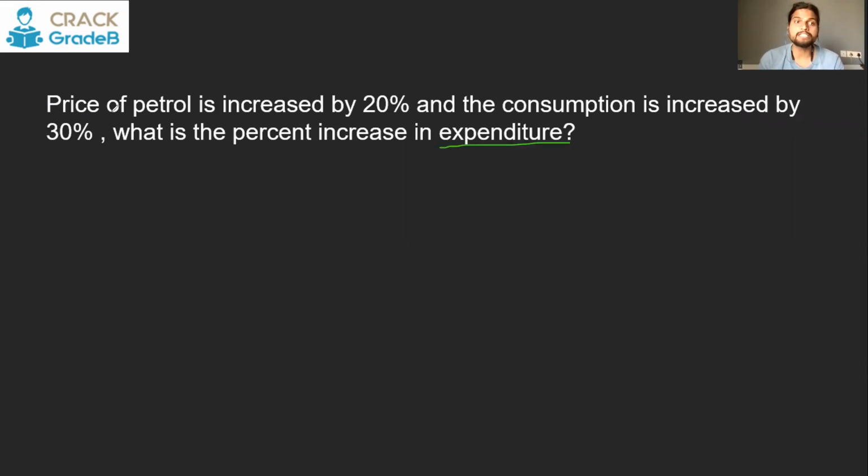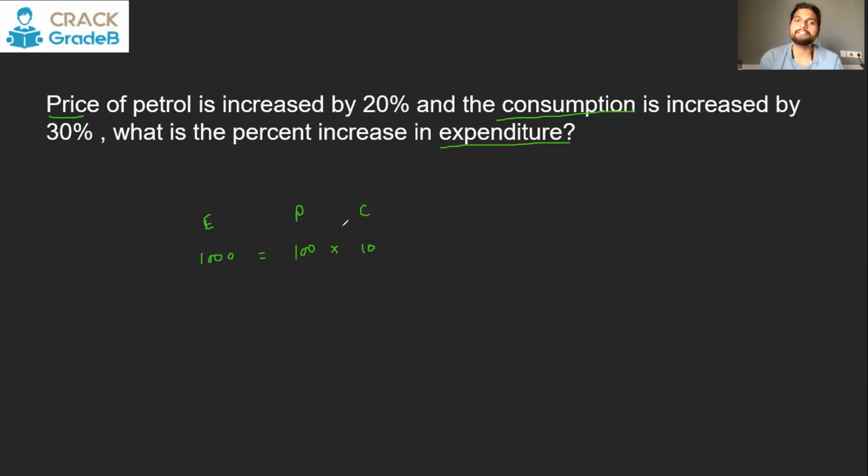So what is the relation between expenditure, price, and consumption? Price is like the per liter price. If I say 100 rupees per liter is the price, and you fill 10 liters of petrol, that is called the consumption. So what is the total cost? 100 into 10, 1000. That is called the expenditure. So expenditure is price into consumption.